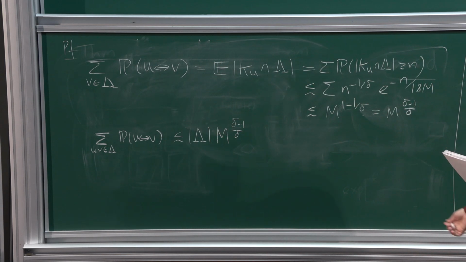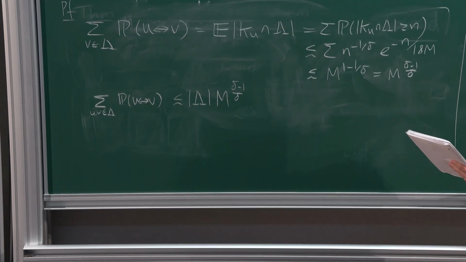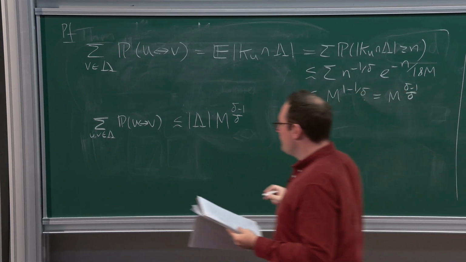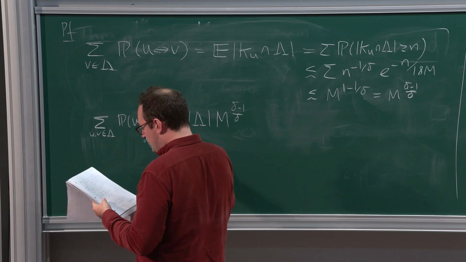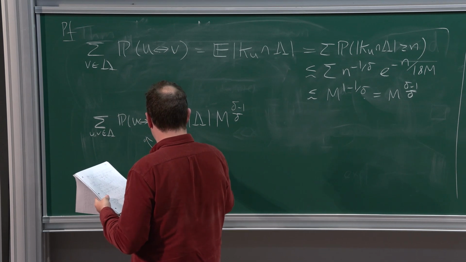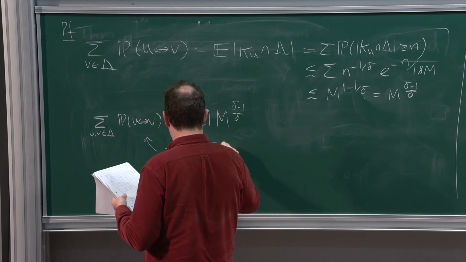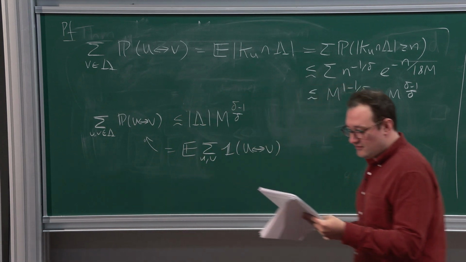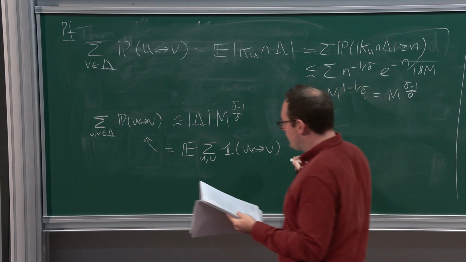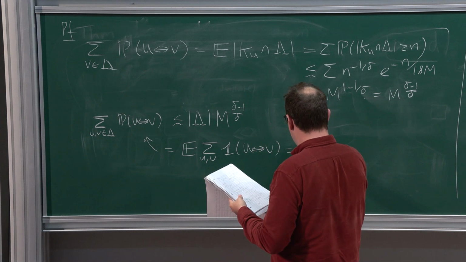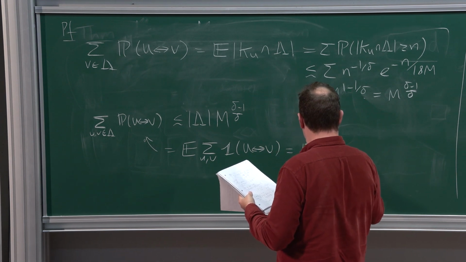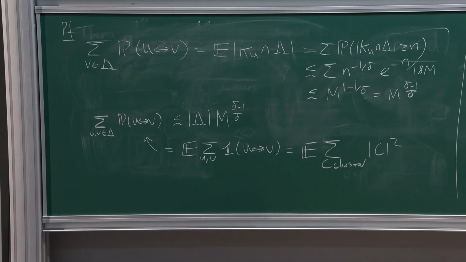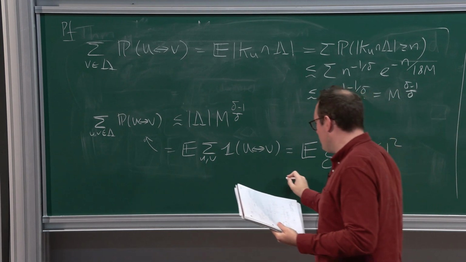Okay. Now, on the other hand, I can also lower bound the same quantity, right? So, this sum over two vertices. Well, of course, it's the same as the expectation of the sum over u and v of the indicator that u is connected to v, which is the same as the sum over clusters of the size of the cluster squared, which is at least the contribution from the largest one.